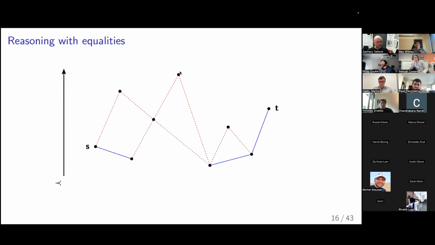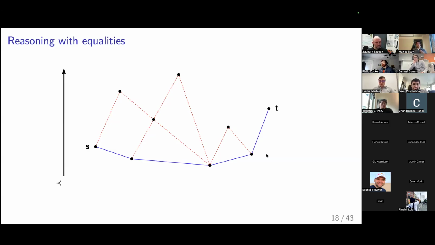So we can look at these two equations and let's say they give some superposition. The result of this superposition gives us a shortcut here, and we do this again and reach this, let's say, common normal form for S and T, and this establishes that the two terms are actually equal.